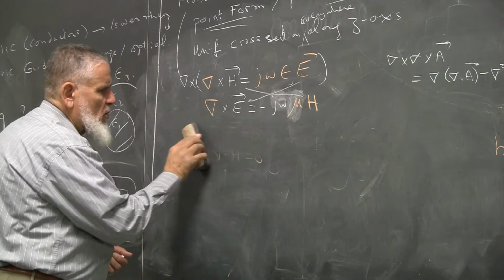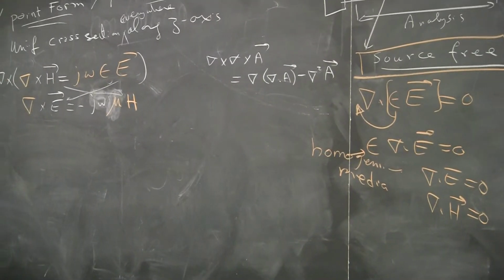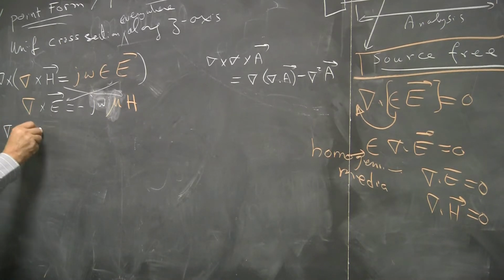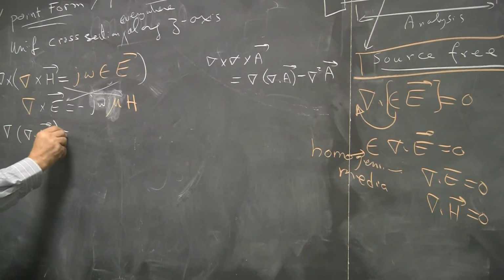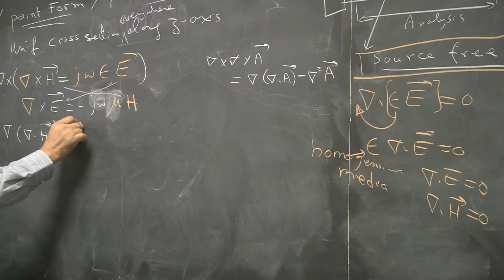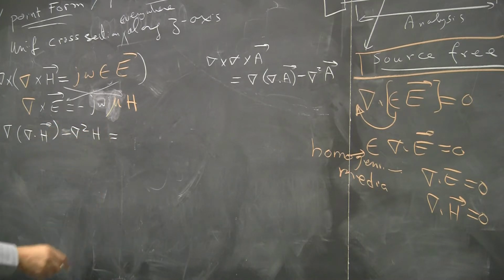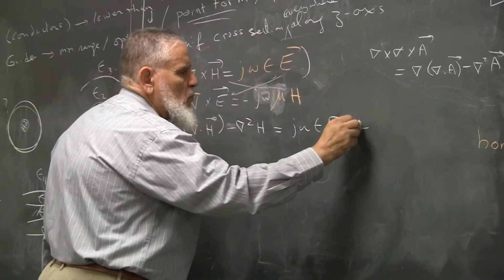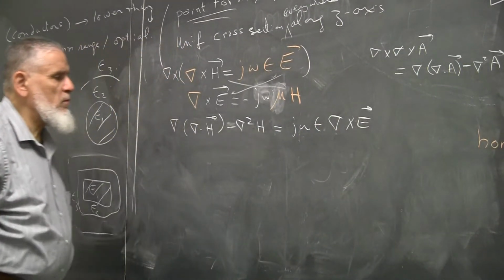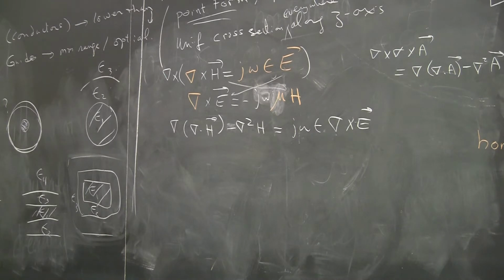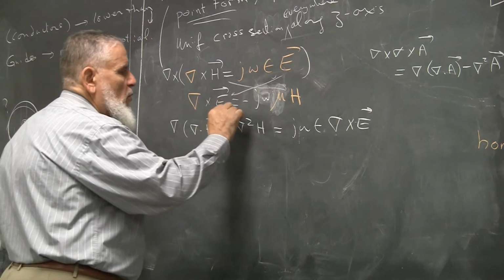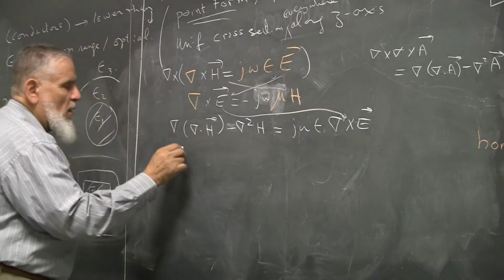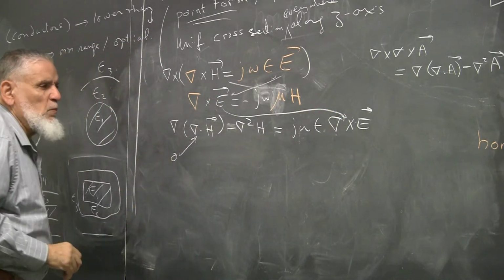I'm going to erase those because I need that space. So I have the gradient of divergence of H minus del squared of H is equal to J omega epsilon curl of E. Right? Put that in there, and the divergence of H is 0.